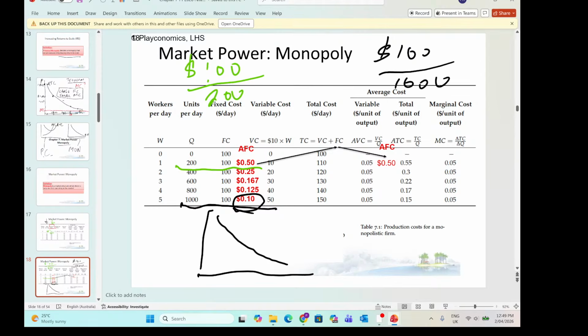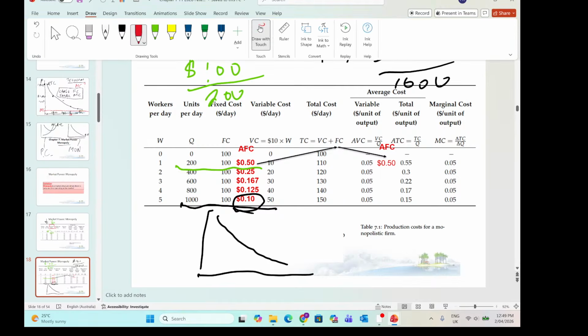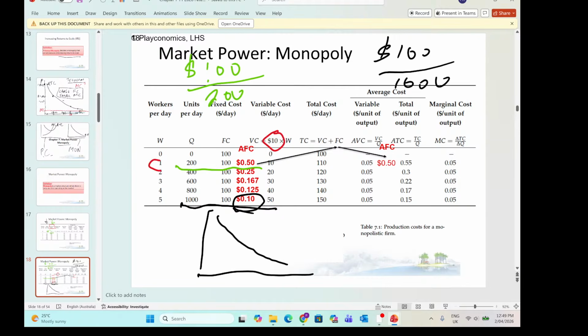And then if we want to look at our variable cost, which we'll change colour for, our variable cost involves us paying each worker $10 a day. So one worker times $10 equals $10. 5 workers times $10 is $50. So there is the cost of our workers. And then, what's our variable cost per unit?